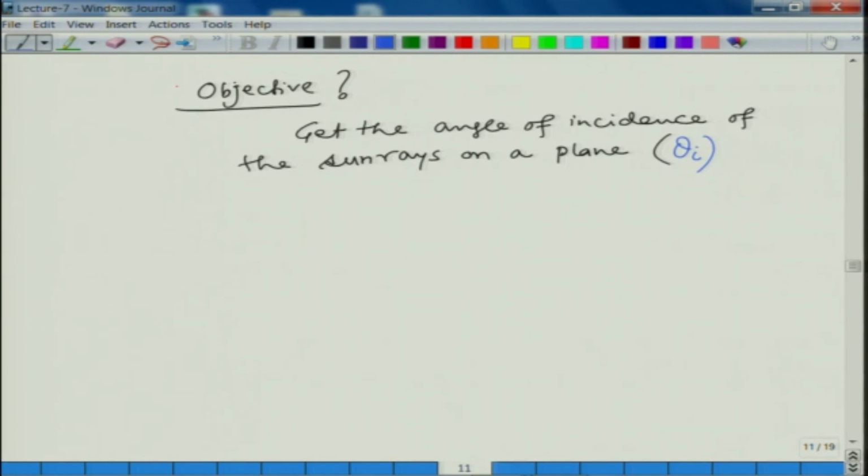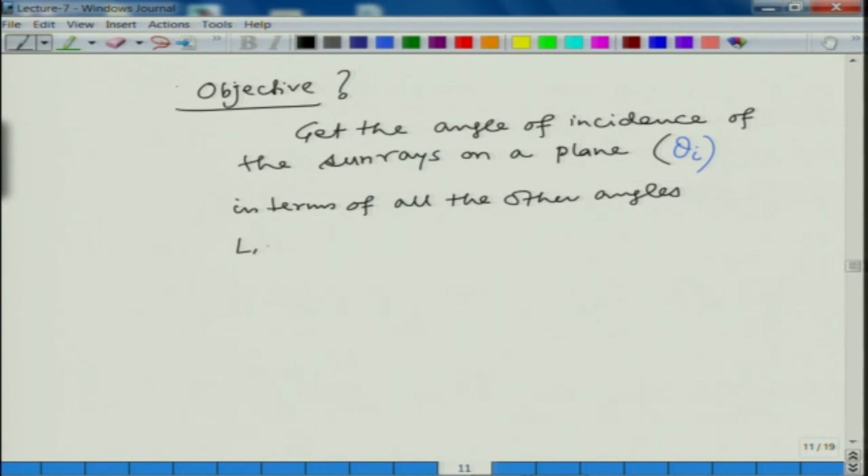Okay. This is what we are after, and how will we get this? We will get it with respect to the other angles. So, we need to find this theta I in terms of all the other angles. And what are all these other angles?